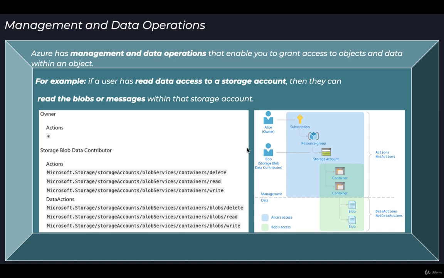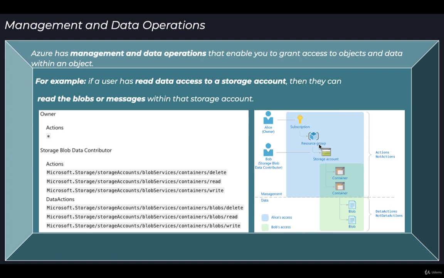There are two users: Alice, who is the owner, and Bob, who has the storage blob data contributor role. Alice is an owner and the actions are defined as a wildcard, meaning Alice has access to all the permissions at the subscription level, which is the scope.